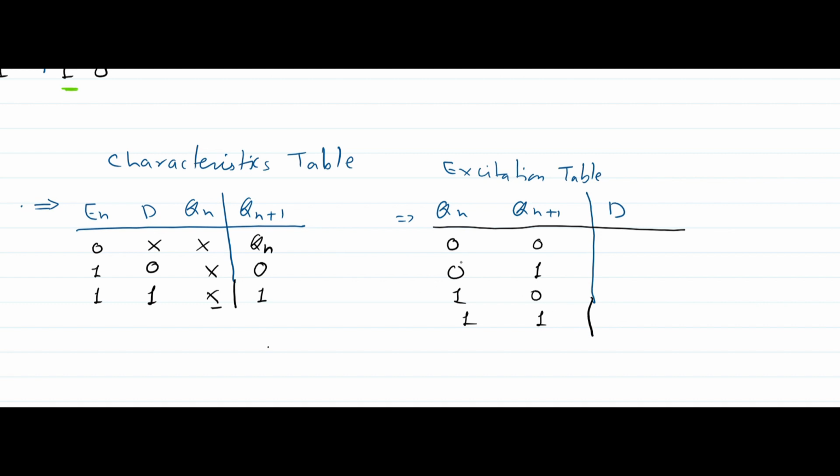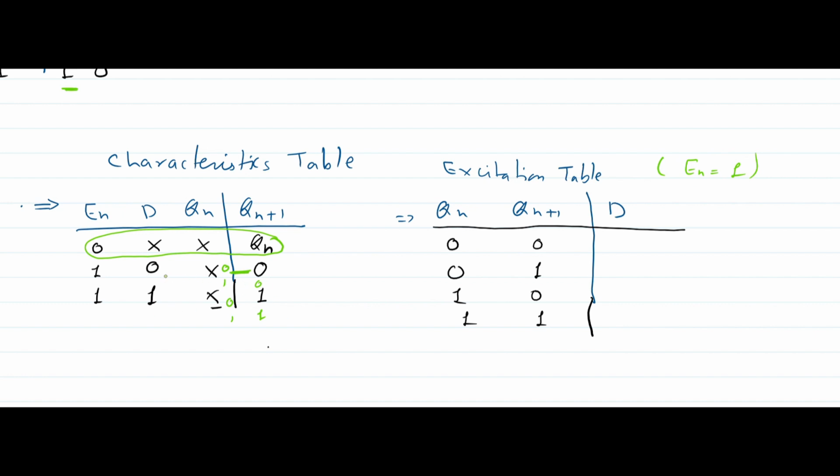Now if I'm going to expand, the expansion is like this: 0 1 0 1 0 and 1. So the 0 0 case is here, and this I will not use, because EN is 0 only. I will take only when EN is 1.